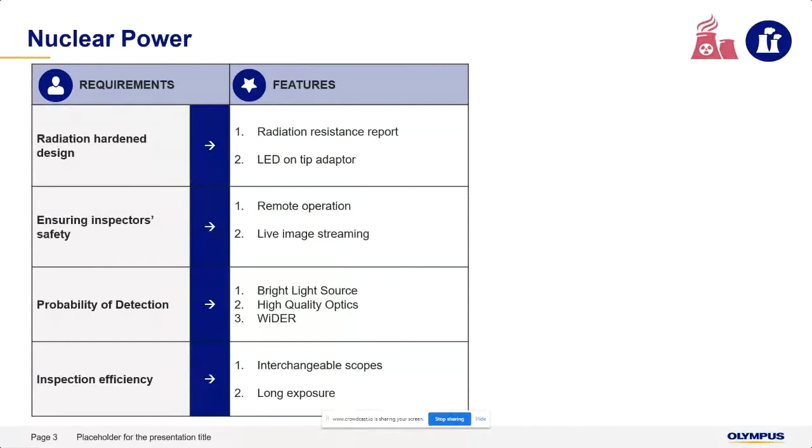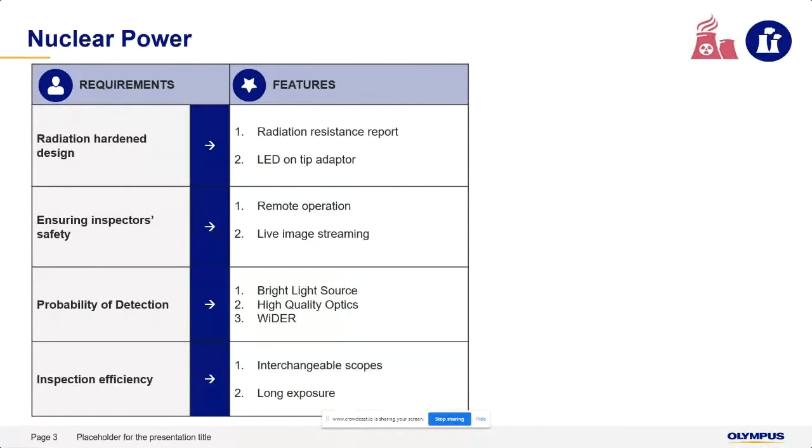Inspection efficiency. So again, this is a kind of a general requirement, but there are specific subsets in this requirement for each application. For nuclear industry, interchangeable scopes is useful because you may not always need the 20 meter or the 30 meter option. We have shorter length scopes for our other models, as well as it is a tough environment.